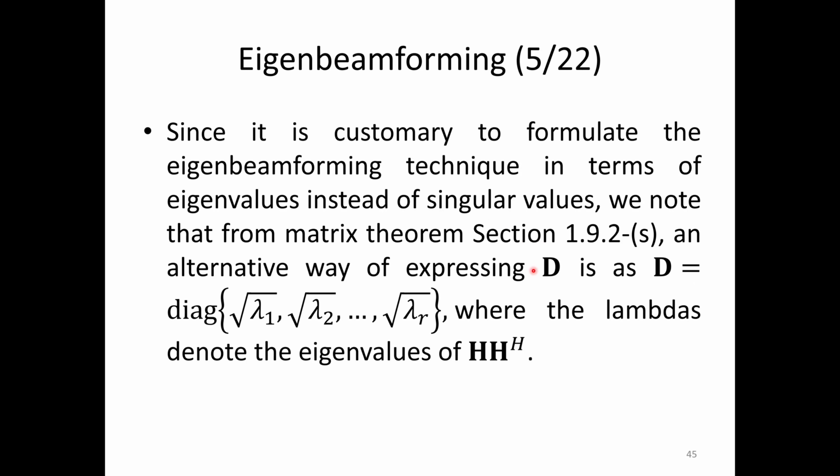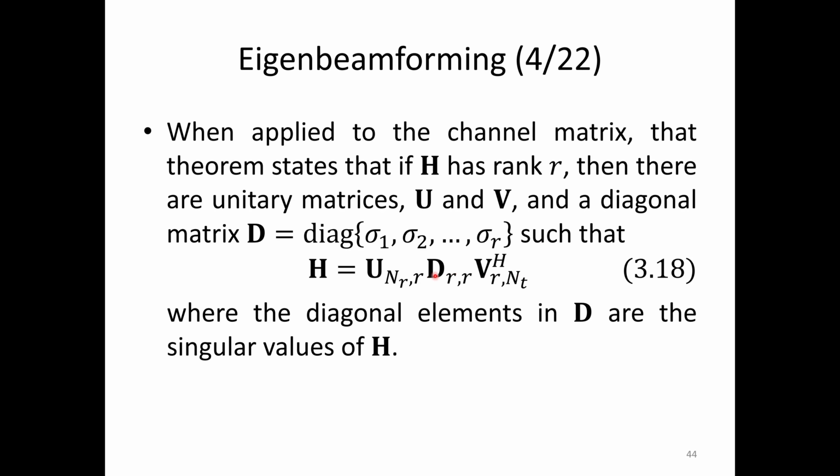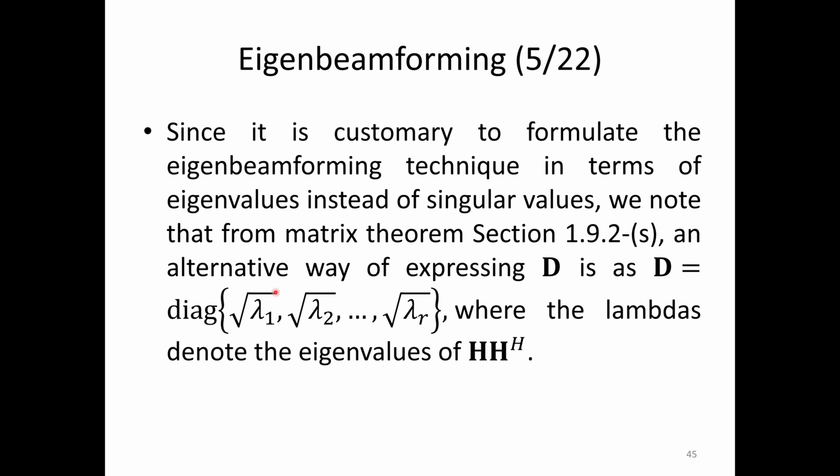The matrix D comes from the singular value decomposition of H. So H is equal to U times D times V Hermitian. The diagonal elements of D are the square root of lambda 1, square root of lambda 2, to square root of lambda R. So lambda 1 is the largest eigenvalue of H times H Hermitian, where H is the channel matrix.